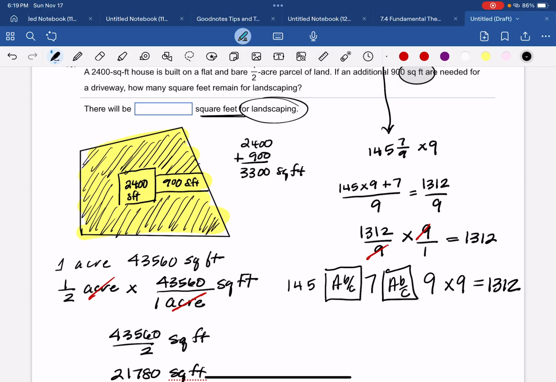Grass, bushes, whatever. So we take our 21,780 and we subtract the 3,300. And so 21,780 minus 3,300 gives me 18,480 square feet. 18,480.